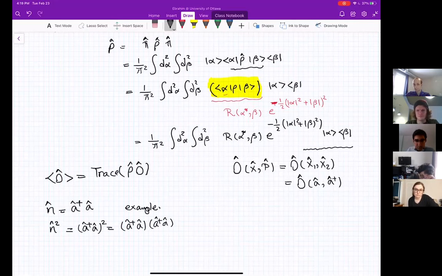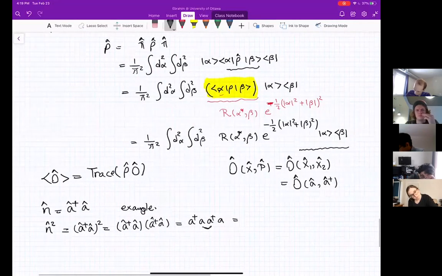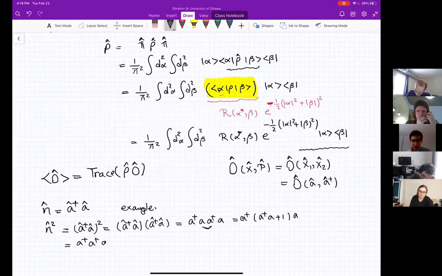So I have to rewrite this as A dagger A dagger A A, which is, A dagger A plus 1 ... that is A dagger A dagger A A plus A dagger A. True?